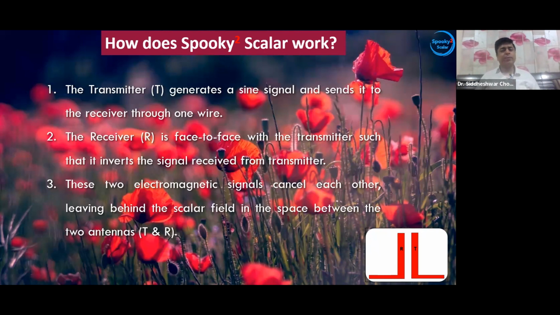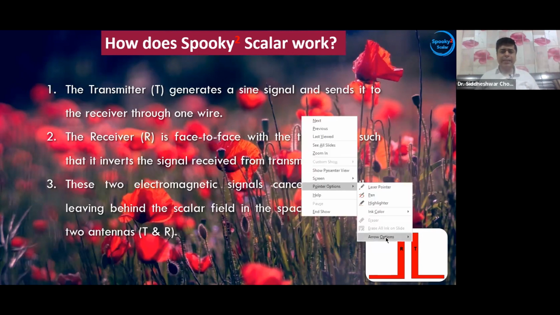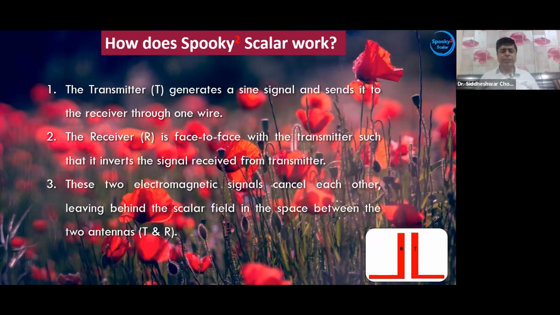As we discussed earlier, the transmitter has the frequency generator in it. Now these two electromagnetic signals cancel each other, leaving behind the scalar field in the space between the transmitter and receiver. This is the space where the scalar field will be generated.